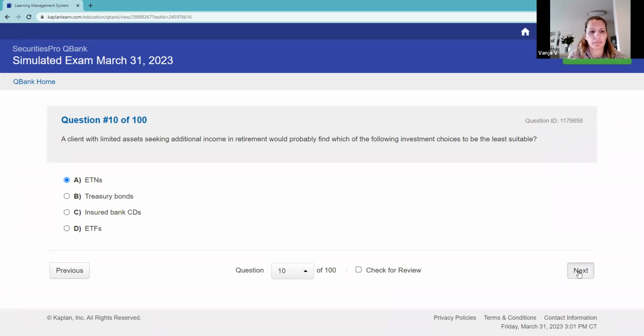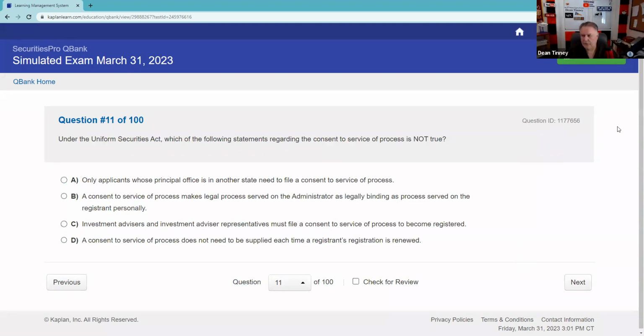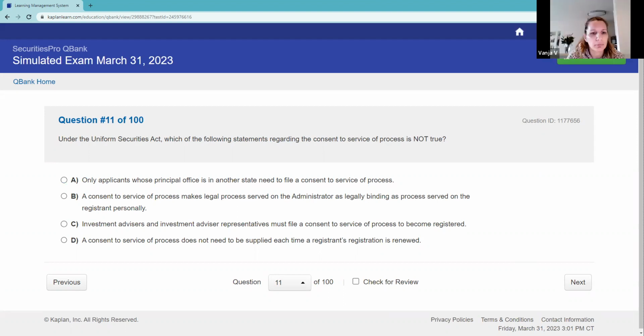Excellent. Under the Uniform Securities Act, which of the following statements regarding consent to service is not true? Only applicants whose principal office is in another state need to file a consent to service of process.